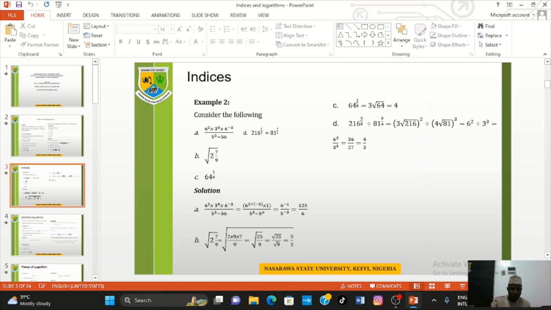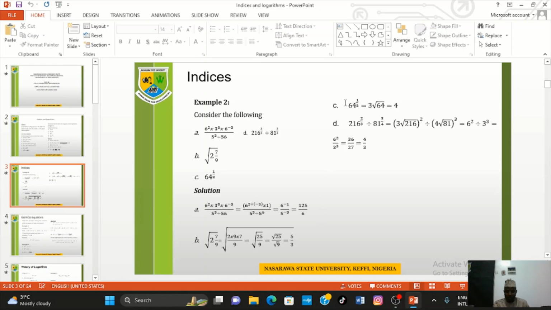So 2 times 7 now will give us the square root of this. It means now we have 25 all over 9. So we can transform this to the square root of 25 all over the square root of 9. We take the square root of 25 to give us 5 and the square root of 9 to give us 3. Then this will serve as the result of what we want.